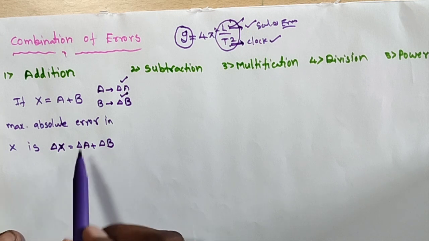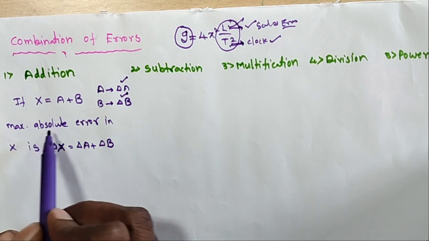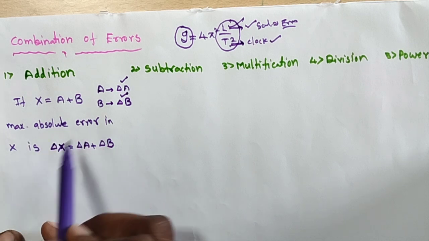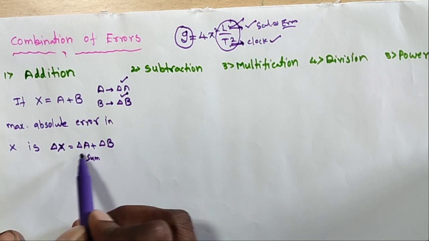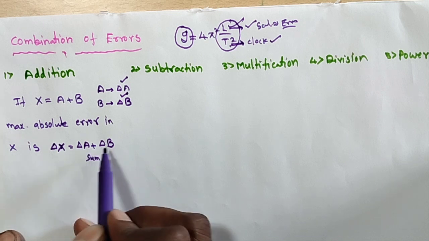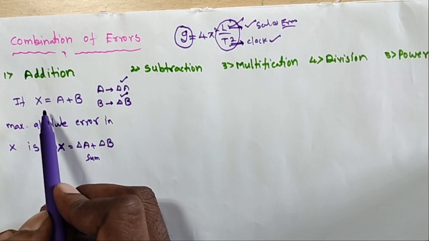So what is the definition? When two quantities are added, the maximum absolute error in the final result is the sum of the absolute errors in the individual quantities. This is the definition. Here I will repeat it.